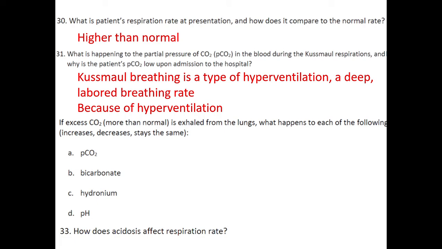When the patient has hyperventilation, that means the patient breathes very quickly. So what do you know about CO2 level? CO2 level will decrease toward the CO2 level in the air. So why is the patient's PCO2 low upon admission? Because of hyperventilation.